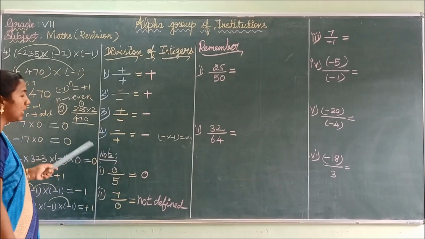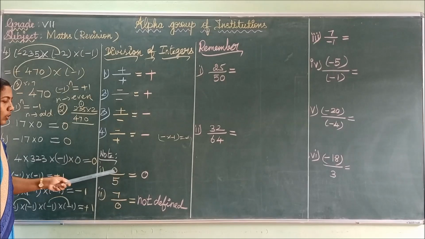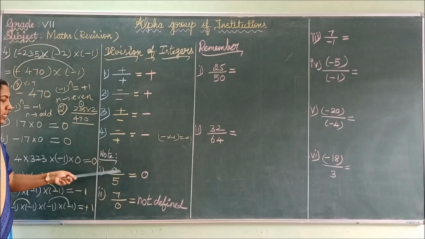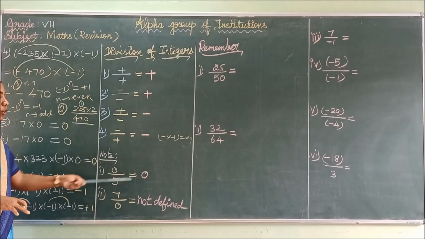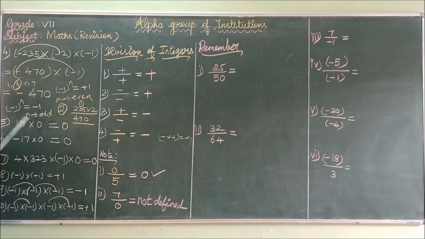Now we are going to see examples. Before that, you have one more. See here, 0 divided by 5. If you divide 0 by any number, you get the answer 0 only. Similarly, if you multiply any number with 0, you get the answer 0. Listen carefully.